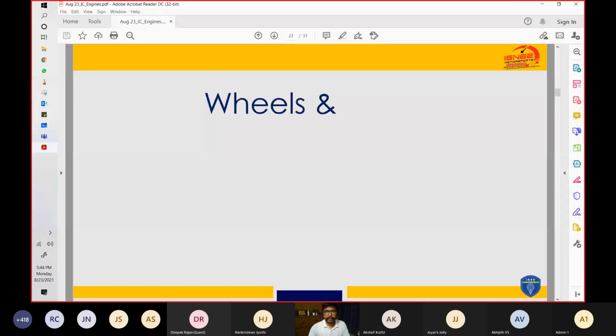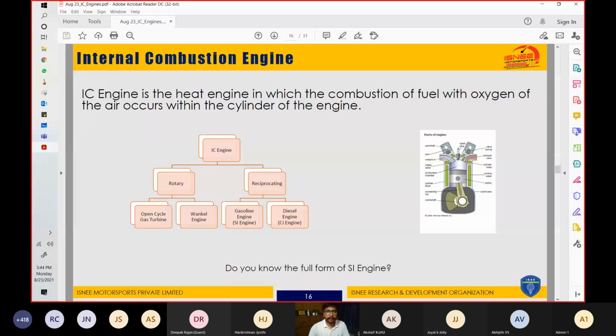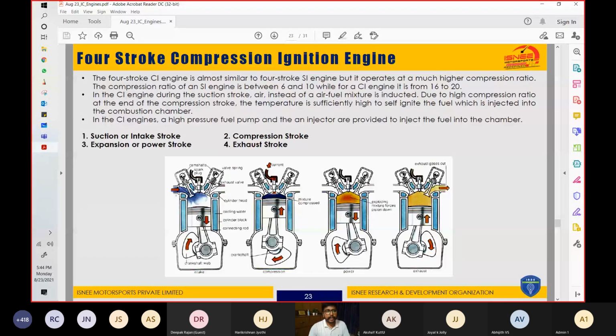If we summarize, we know the introduction to automobiles, two-wheelers, three-wheelers, four-wheelers, multi-axle vehicles, and chassis and body, wheels and tires, suspension system, brake system, steering system, powertrain, drivetrain, HVAC, electrical system, and then classification of IC engine based on strokes and fuel type, and then engine components, and then the nomenclature, then four-stroke engine in SI, then four-stroke engine in CI, then two-stroke engine, then comparison of SI and CI engine. The comparison of four-stroke and two-stroke engine is left.